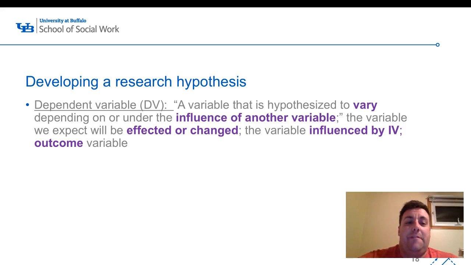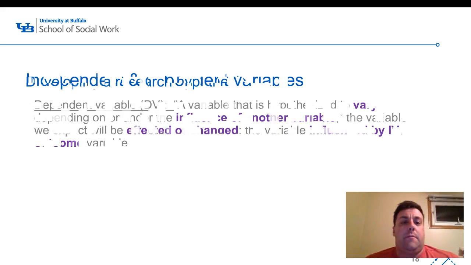So just because something's a dependent variable once doesn't mean that it always is, but it typically has to do with the position the variable is listed in the research question. This can be tough, but if you spend a few minutes thinking about it, you can get it, and there's some exercises on UB Learns to help you think through some of these things this week.